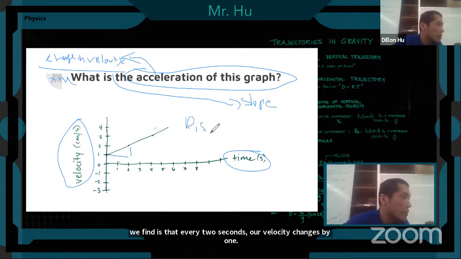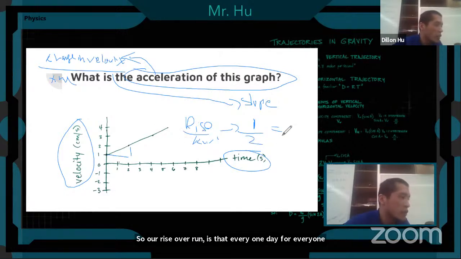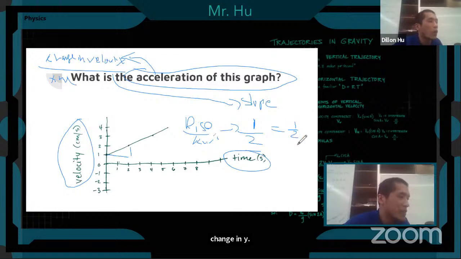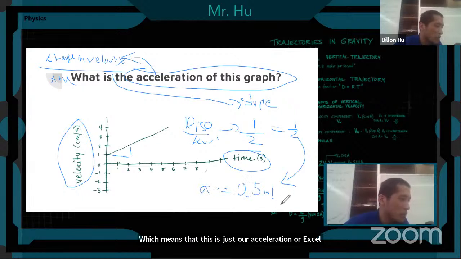So our rise over run is that for every one change in y, it takes 2 seconds. So our slope will just be 1/2. This tells us that every 1 second, our velocity changes by 0.5, which means that this is just our acceleration. Our acceleration is also just 0.5.